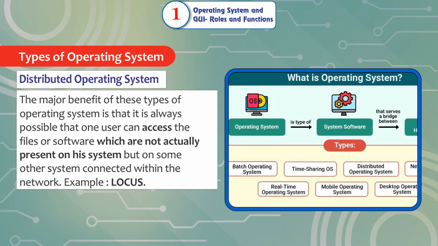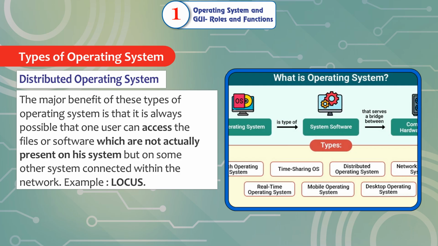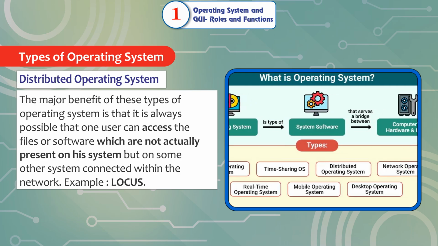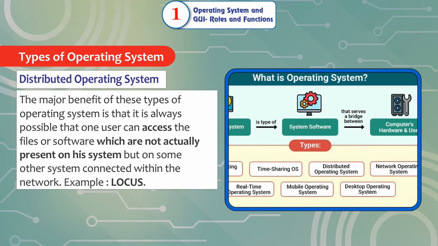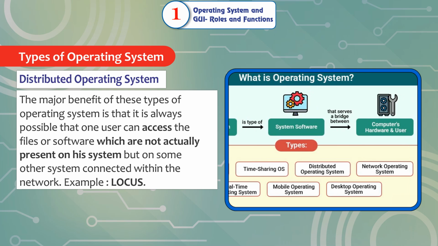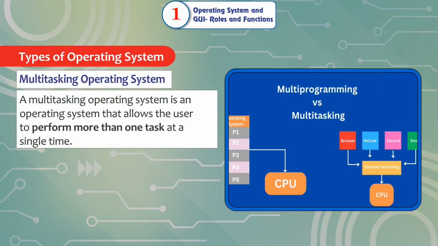The major benefit of this type of operating system is that one user can access files or software which are not actually present on his system but on some other system connected within the network. Example: LOCUS.